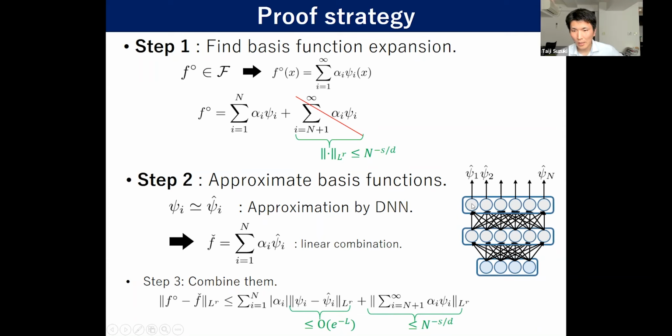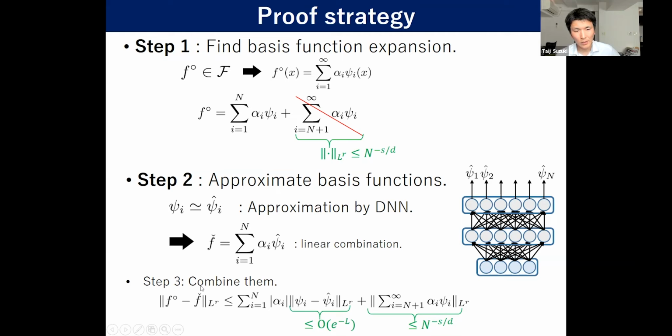So each output from the internal layer corresponds to the approximation of each basis function. Then we show that psi_i can be well approximated by a deep neural network. Then finally, we take its linear combination of the outputs, and that can also be realized by a deep neural network model. So that is the approximator.